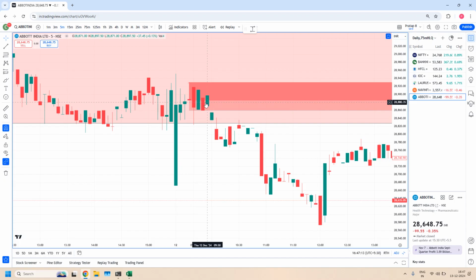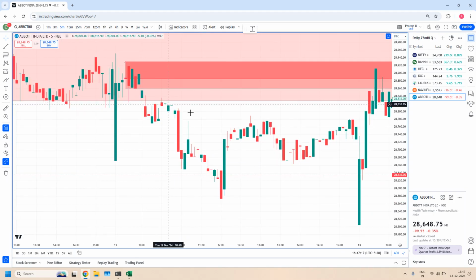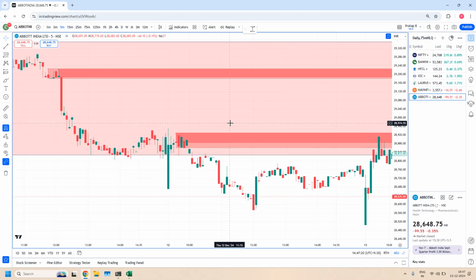But for HLQ zones, we don't bother about all these things. That is the beauty of the HLQ zone concept. All the concepts that tell you not to take the trades, all those concepts work for HLQ zones. That's why in HLQ zones we are not bothering about the trend, the price structures, the price direction or the location.